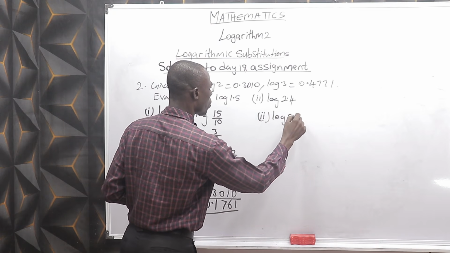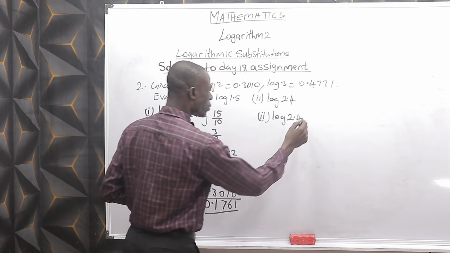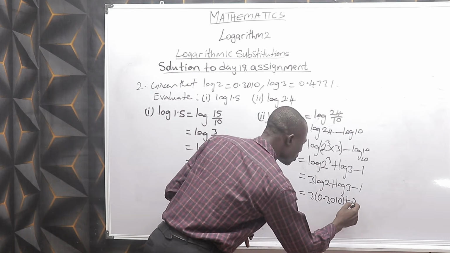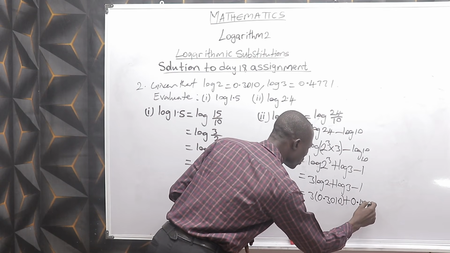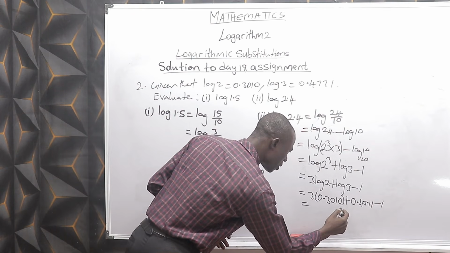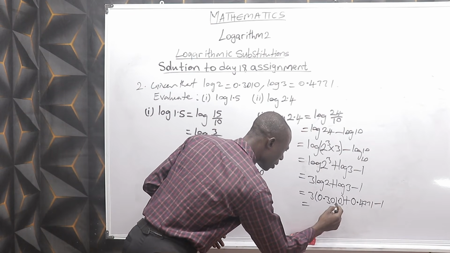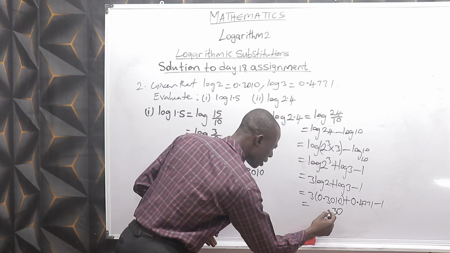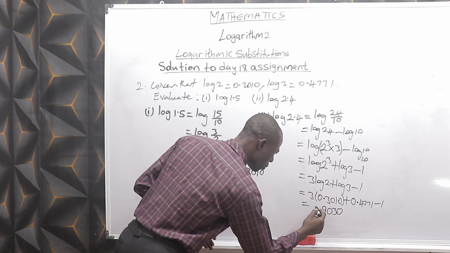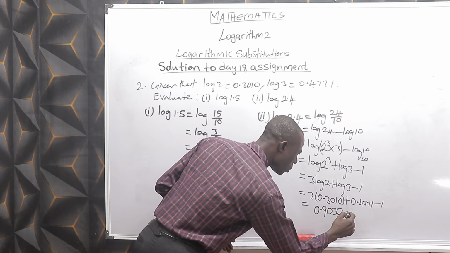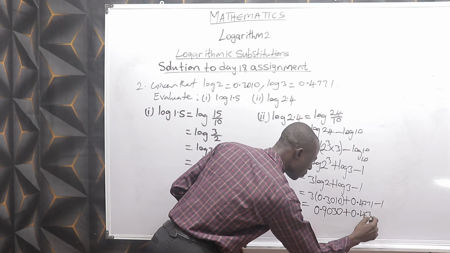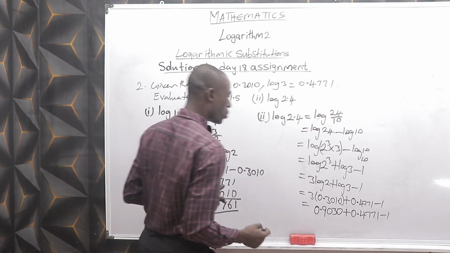Log 2.4. That is, log 3 is 0.4771 minus 1. 3 times 0 is 0. 3 times 1, 3. 3 times 0, 0. 3 times 3 is 9. 3 times 0, 0. Plus 0.4771 minus 1.